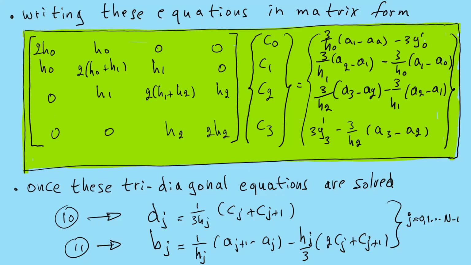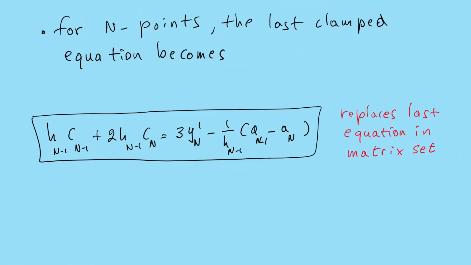Once the C values are known, we can compute the remaining spline coefficients, D and B, by using these two formulas. For the endpoints, the last clamp boundary equation is written as shown. This replaces the last equation in the matrix system and includes the known slope at the end points.